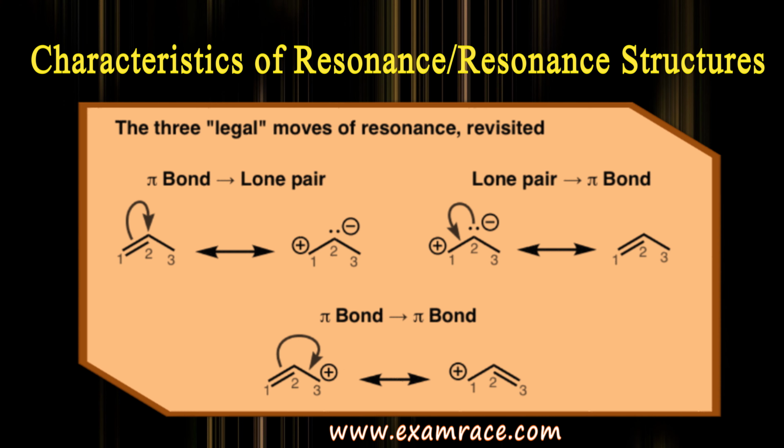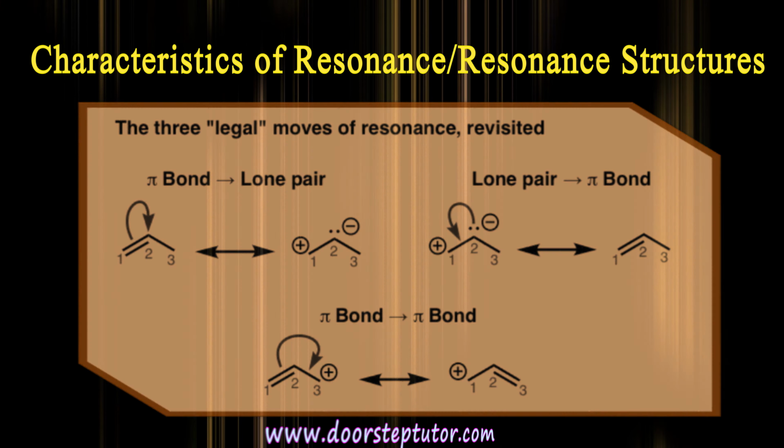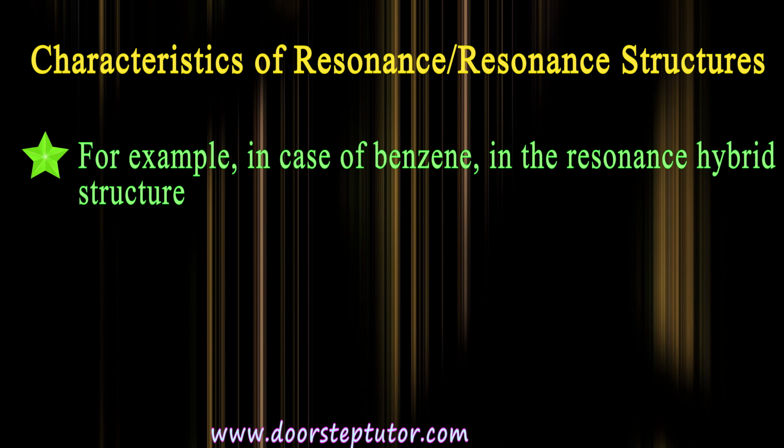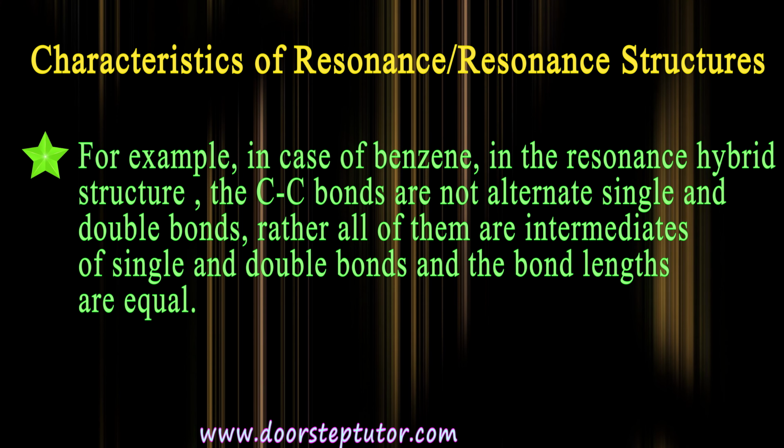Now, the point which I have said, that due to the phenomenon of resonance, the bond lengths in the resonating structure exhibit equal values, or they become equal. We can see this point by an example. In the case of benzene, it's a resonance hybrid structure. The carbon-carbon bonds are not alternate; they are not alternatively single and double bonds.